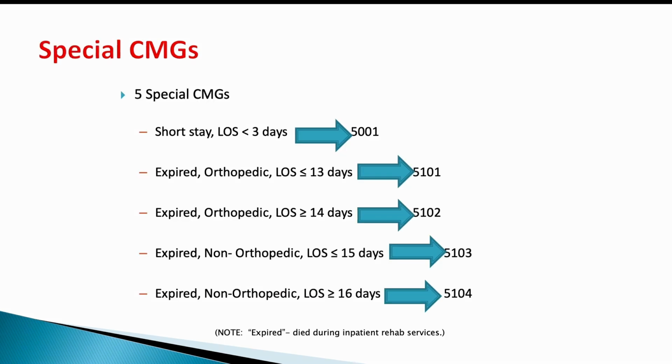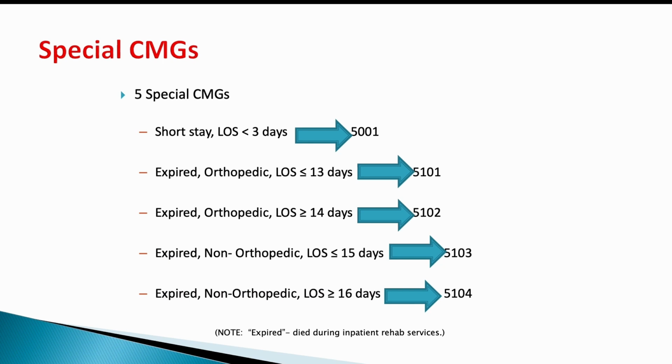Special CMGs. 5 special CMGs. 1. Short stay, LOS less than 3 days is 5001. 2. Expired, orthopedic, LOS less than or equal to 13 days is 5101. 3. Expired, orthopedic, LOS greater than or equal to 14 days is 5102. 4.